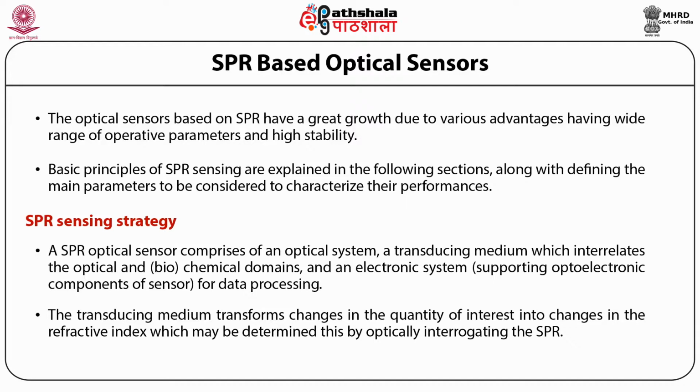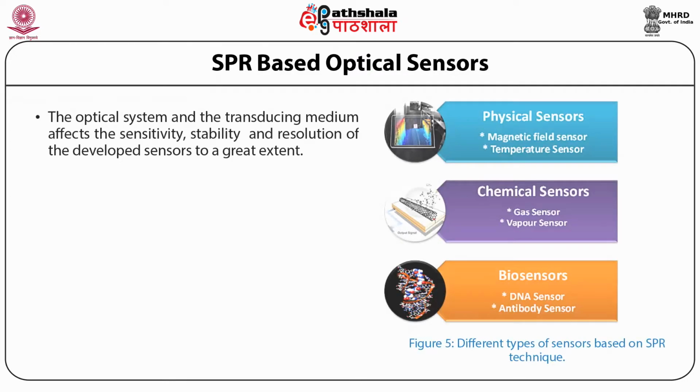The optical part contains a source of optical radiation and an optical structure having a sensitive functional layer in which SPW is excited and interrogated. The optical system and the transducing medium affect the sensitivity, stability, and resolution of the developed sensors to a great extent.